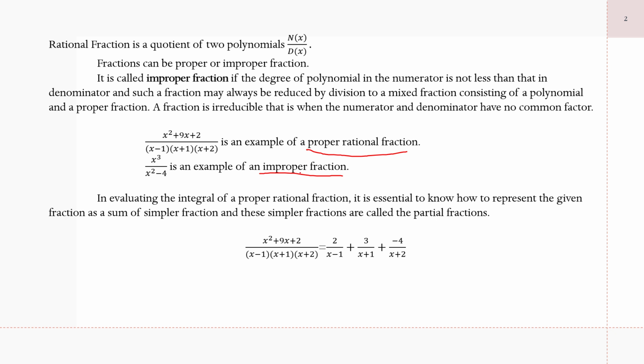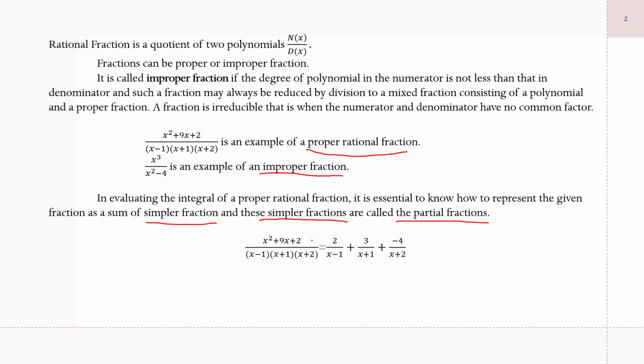These are the examples. In evaluating the integral of a proper rational fraction, it is essential to know how to represent the given fraction as simpler fractions, and these simpler fractions are called partial fractions.